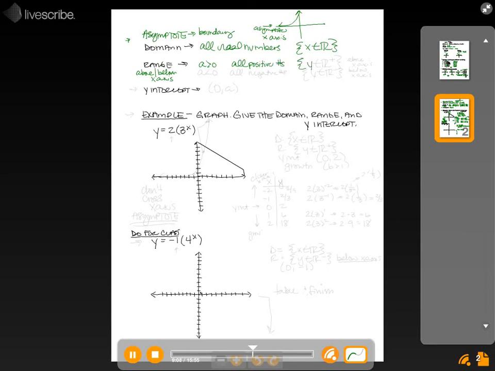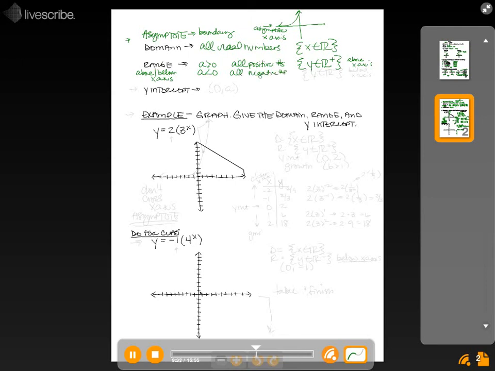We could say y ∈ R with a plus. Okay? All positives. That's above the x-axis if we're looking at a graph. All right? If a is negative, then it's all negative numbers.